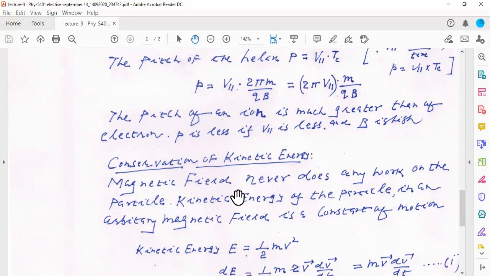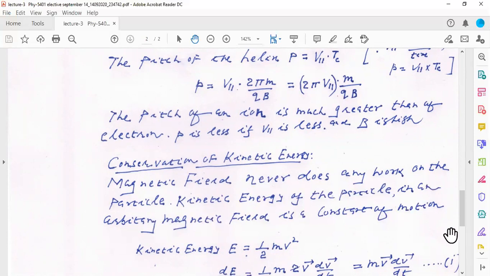That's why the magnetic field is not doing any work on the particle, and so the kinetic energy of the particle in an arbitrary magnetic field is a constant of motion. In our case, we have a uniform magnetic field, and here we want to prove that the kinetic energy remains constant.